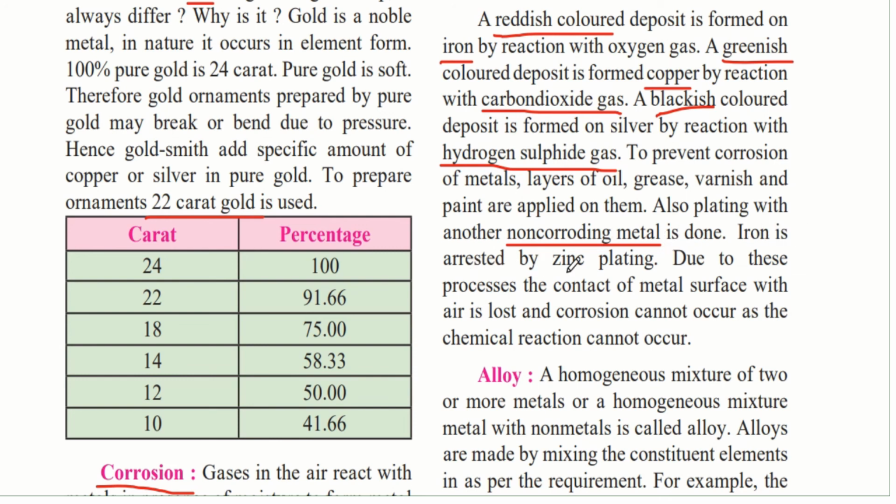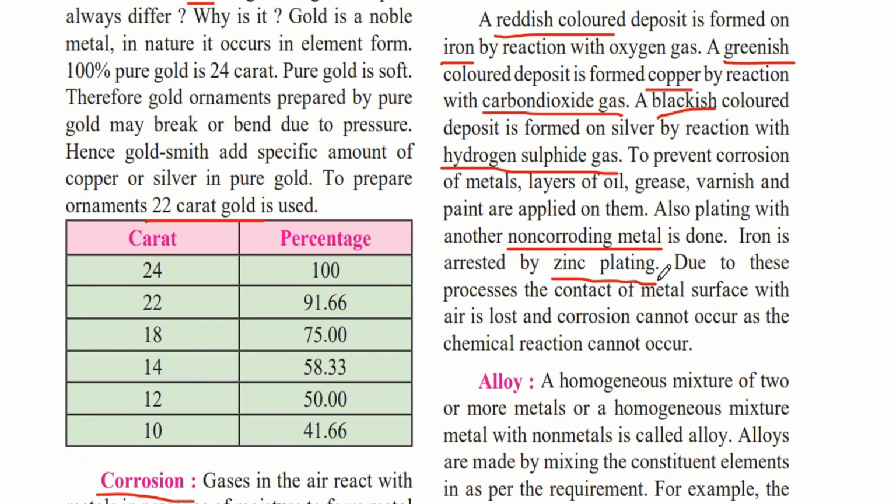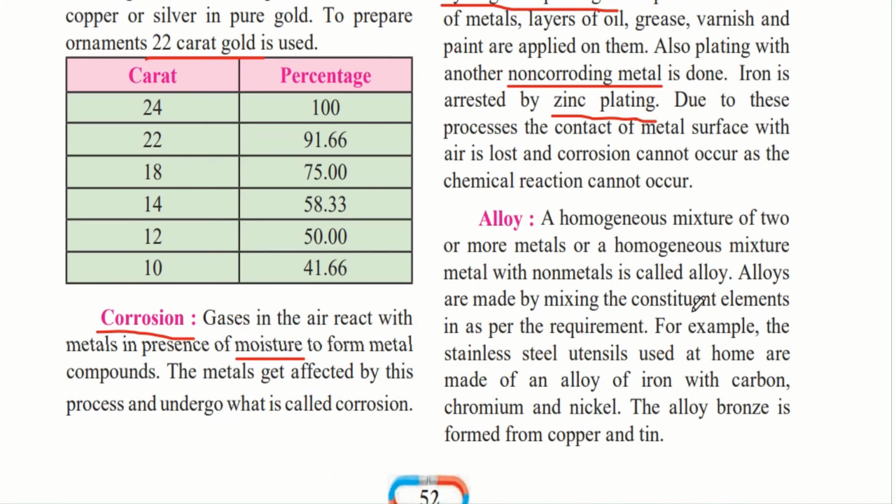Iron is protected by zinc plating: the iron is covered by a layer of zinc, and zinc prevents the iron from getting corroded. Due to these processes, the contact of the metal surface with air is lost and the chemical reaction cannot occur. So when the metal surface and the air are not in contact with each other, no chemical reaction can occur and therefore corrosion can be prevented.